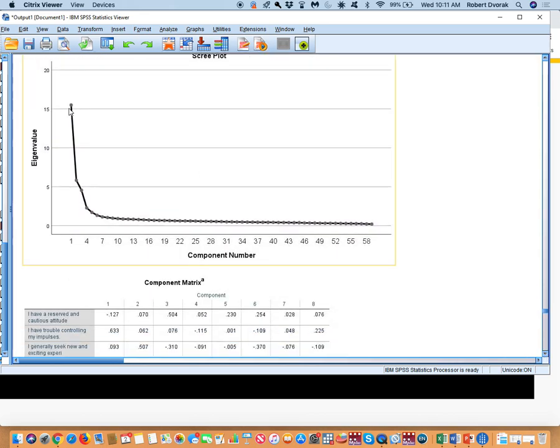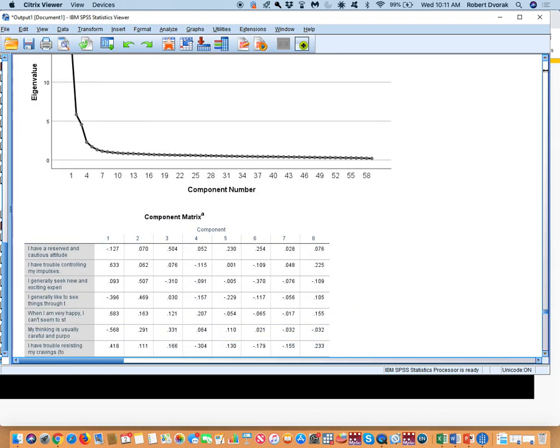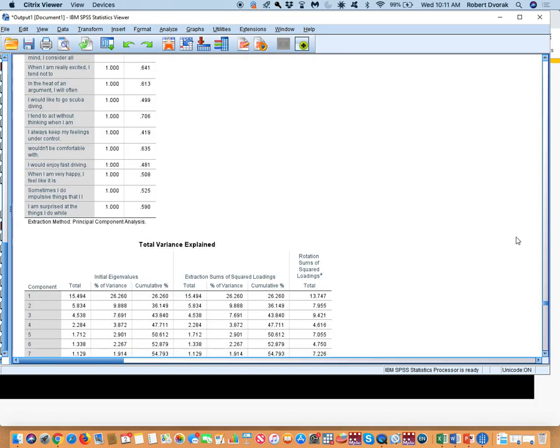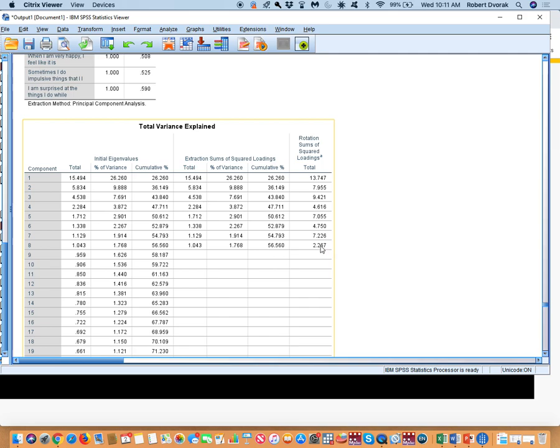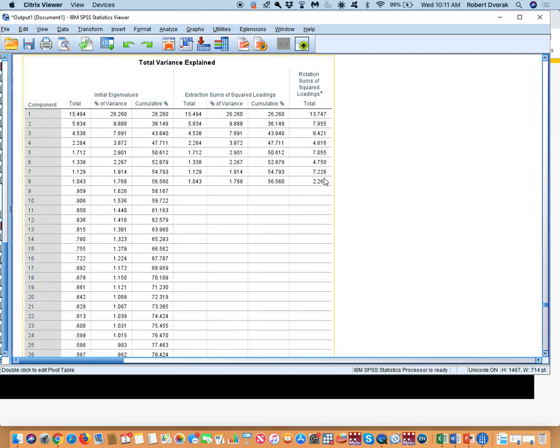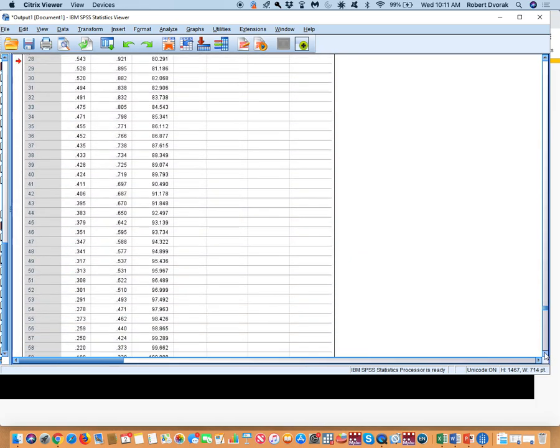Scree plot, 1, 2, 3, 4, 5, looks roughly the same. But notice we're not getting any different numbers of factors, right? We're still getting roughly the same amount of factors, though this is a much higher number than we're getting over here, right? The amount of variance accounted for, though, is always going to stay the same. It doesn't matter if you're doing rotation or oblique or orthogonal.